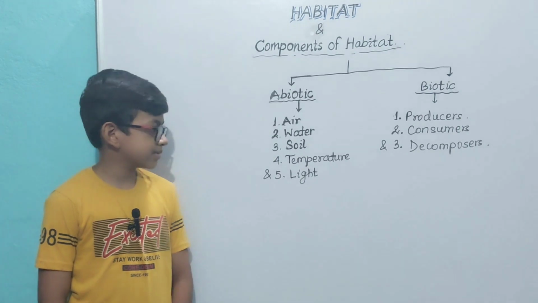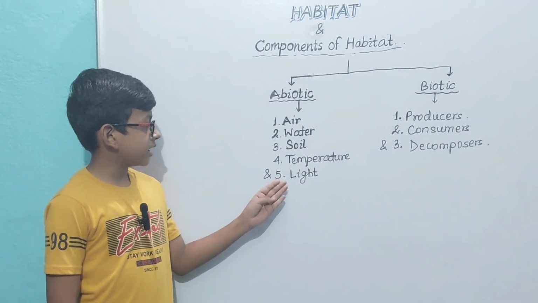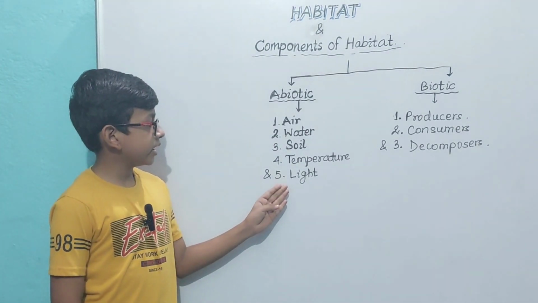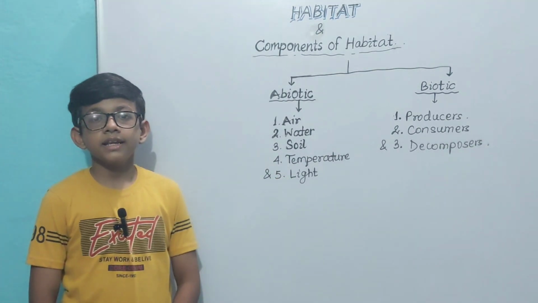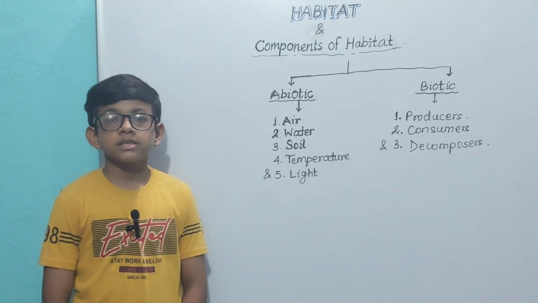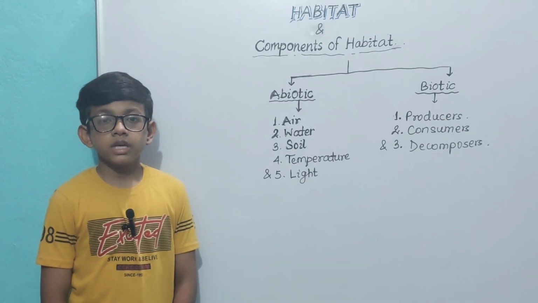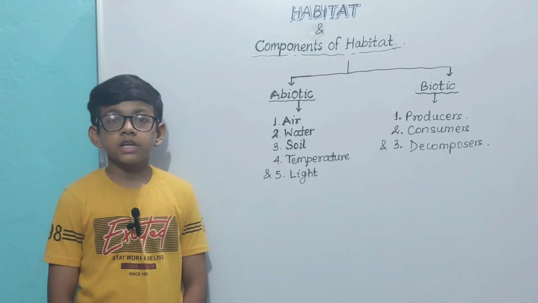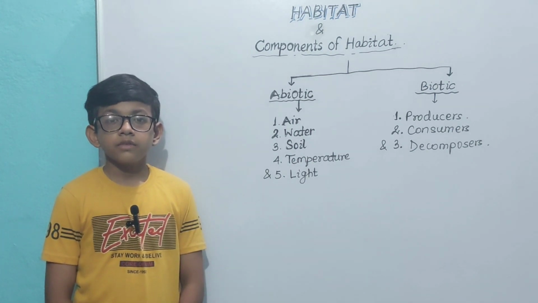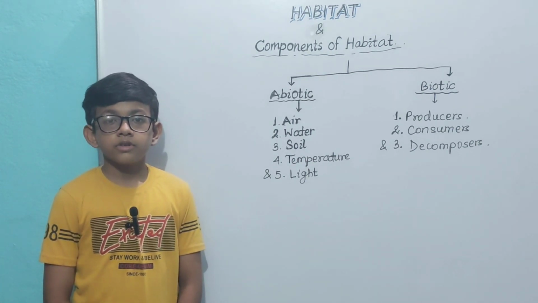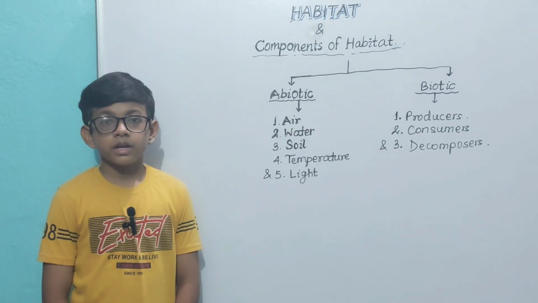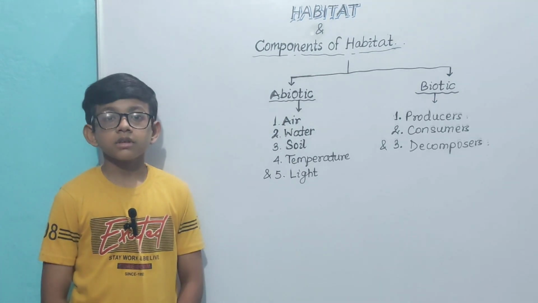Now let's know about our last abiotic component, which is light. Light is a form of energy which sensitizes our eyes and enables us to see around us. It is the fastest traveling energy with a speed of about 3 lakh km per second. It travels in a straight line.